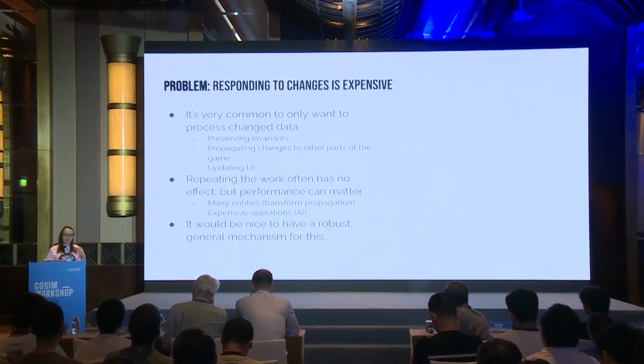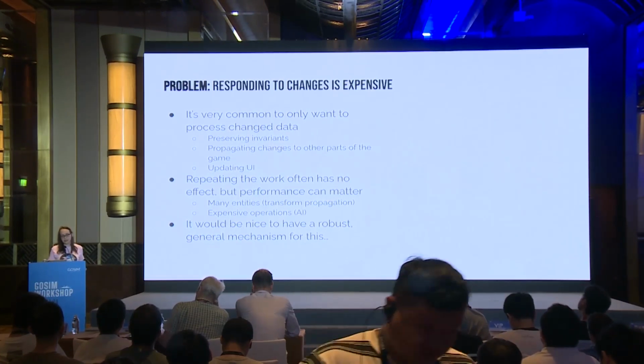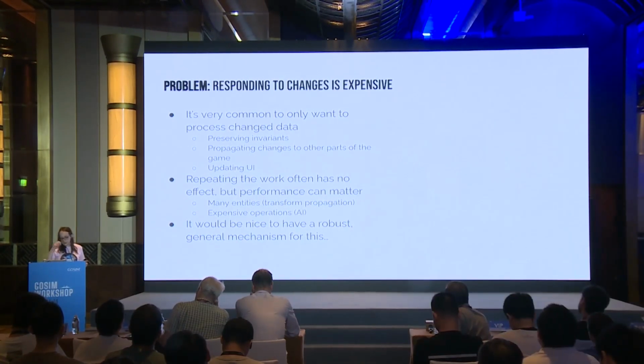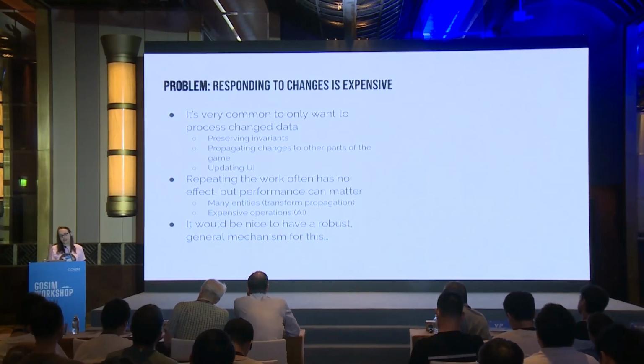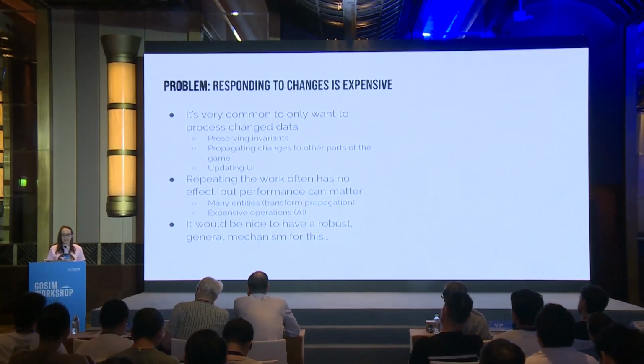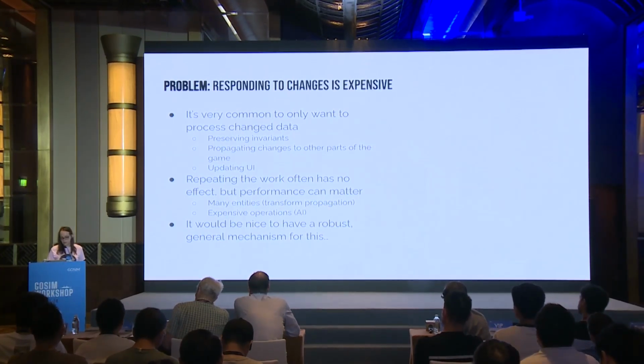It doesn't matter if we repeat this work, it would just do nothing, but that's wasteful and slow. It would be really nice if there was some robust general mechanism for this, so we don't have to store the old copy of this data and the new data and then check it. That's a lot of boilerplate, and it's really easy to screw up if you write it 100 times in a single game.